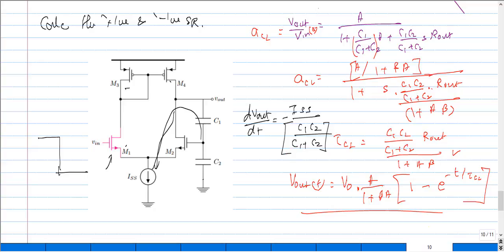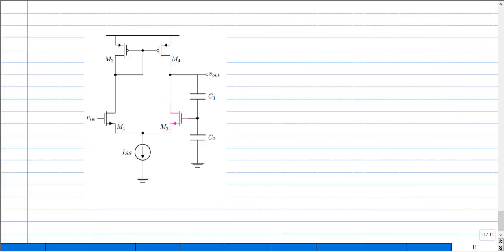It's obvious. Then what would be the positive slew rate? In the case of positive slew rate, I have a very large positive step input, due to which the transistor M2 turns off, and all of the current has to flow across our transistor M1. Because of the mirror structure, this will be forced across the drain of our M4, and that would try to charge these two capacitors.